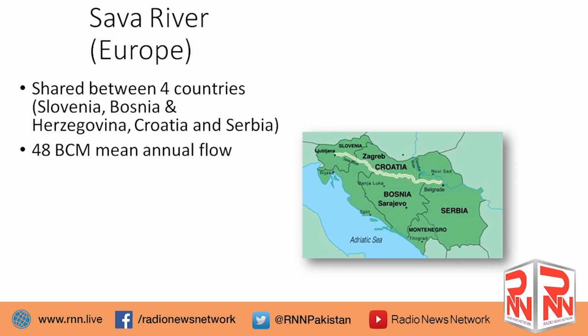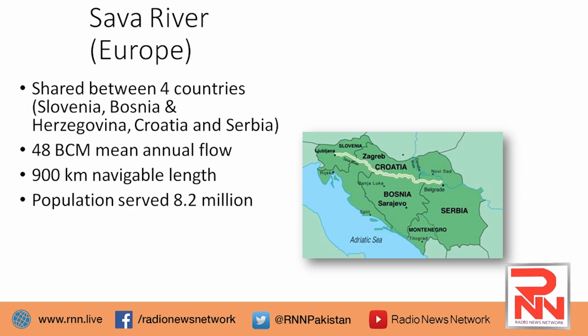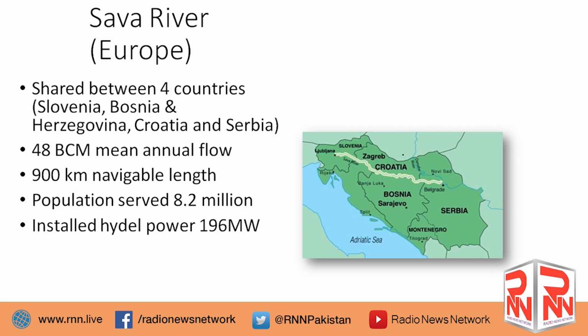This river carries about 48 billion cubic meters of water annually. It has 900 kilometers of navigable length, serving a population of 8.2 million people, which is actually smaller than the population of Lahore. There is only 200 megawatt of installed hydel capacity on this river.